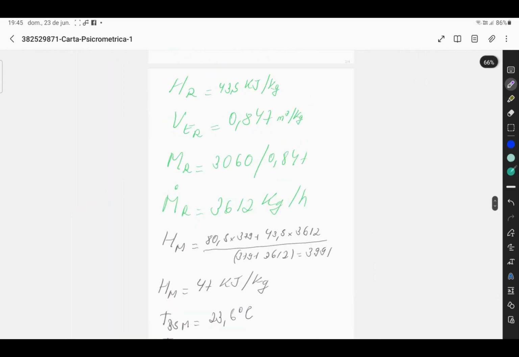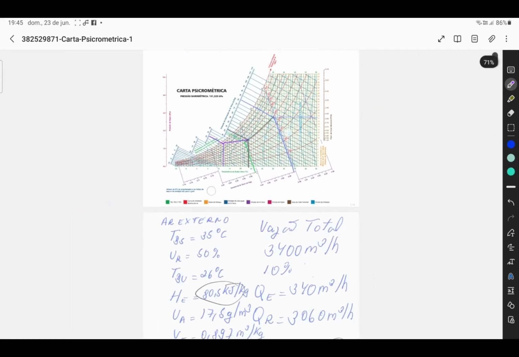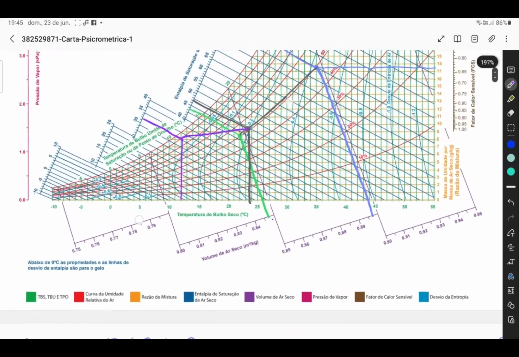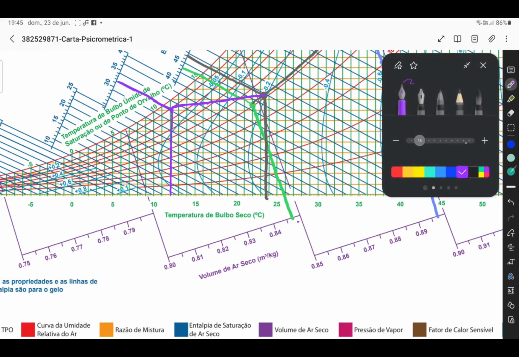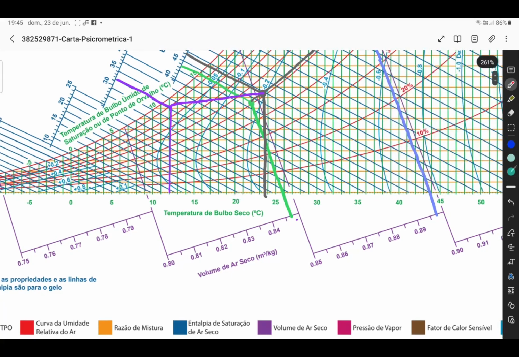The psychrometric process, to take from this point to this point, here is what was spent in sensible heat, and here is what was spent in latent heat. What made the latent heat? I removed moisture from the air, so my air was at about 9.5 grams per kilogram, and now it's at about 8 grams per kilogram of air.